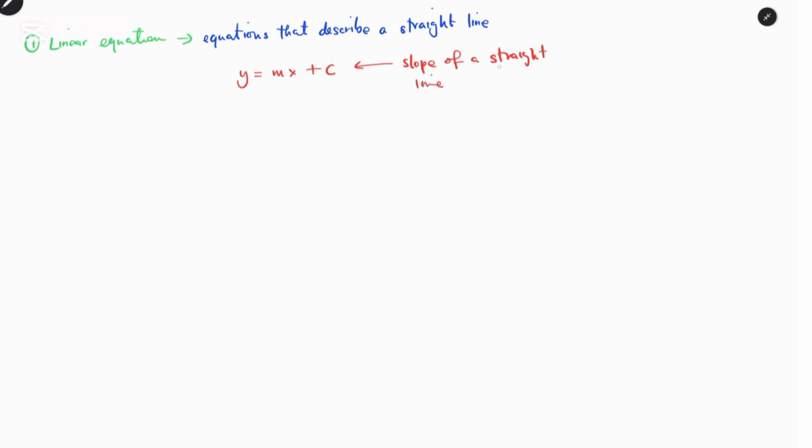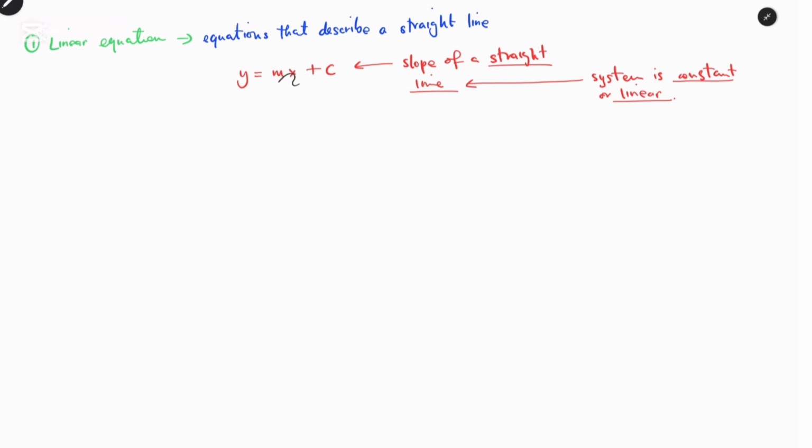So when you look at the term straight line, it means the system is constant or it is linear. So the terms linear and constant relate to a system that comes under the linear equation.